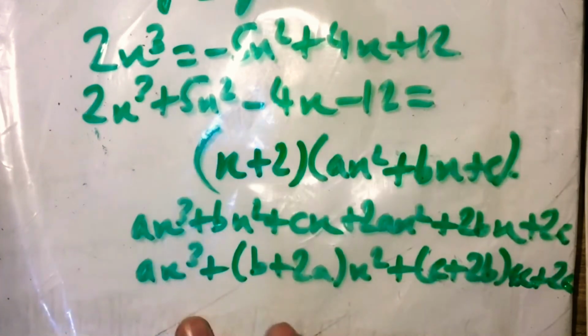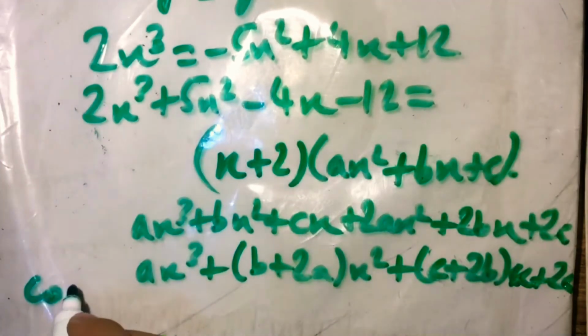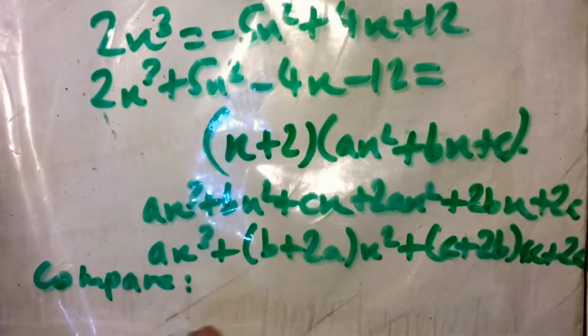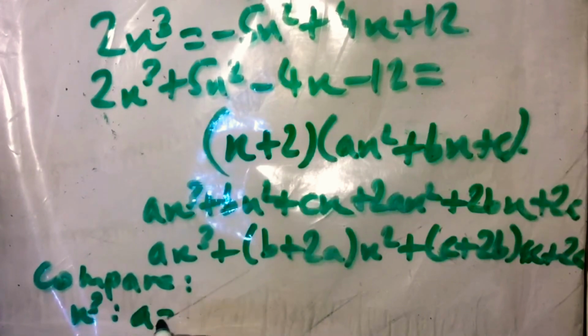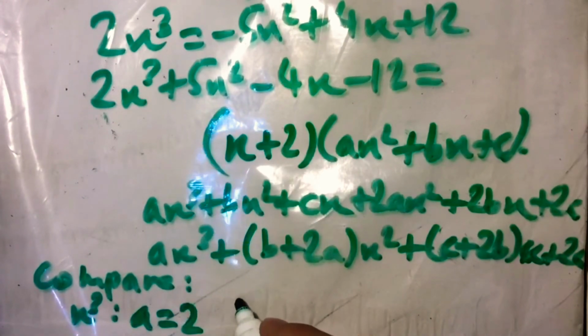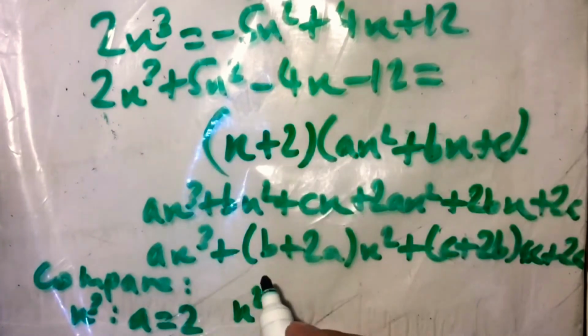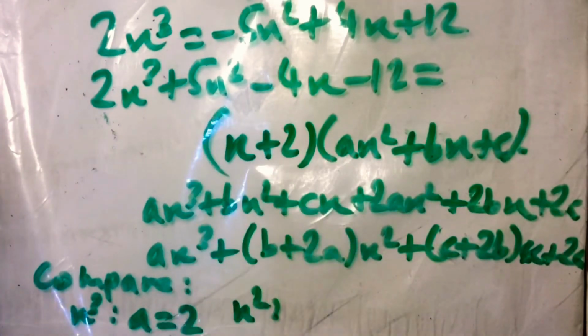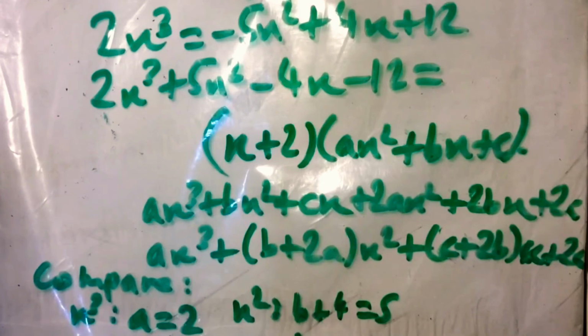So now we'll compare coefficients of x cube first. So a equals to 2, then x square. So we have b plus 2a equals to 5. So b plus 2a, 2 2s are 4, equals to 5. So b equals to 1, and taking x to the power 0.